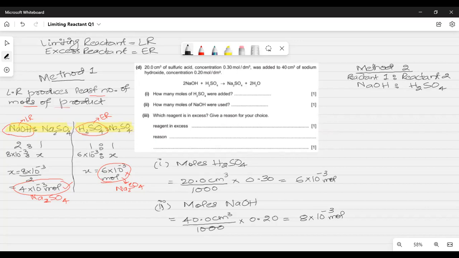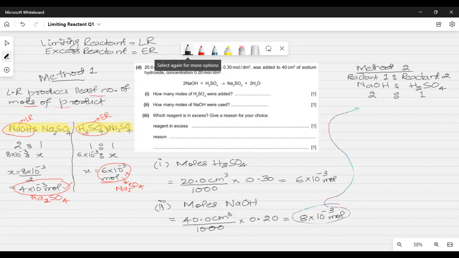Yes, sir. So since the equation says we need 2 moles of NaOH to react with 1 mole of H2SO4 to produce our product, and the number of moles of NaOH are these, we are supposed to use this value over here.